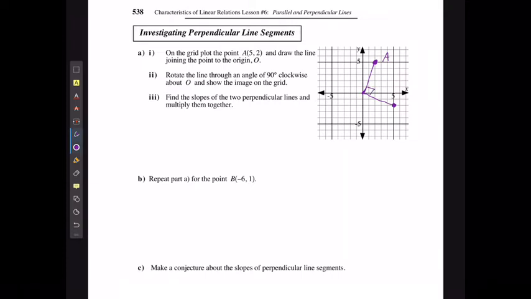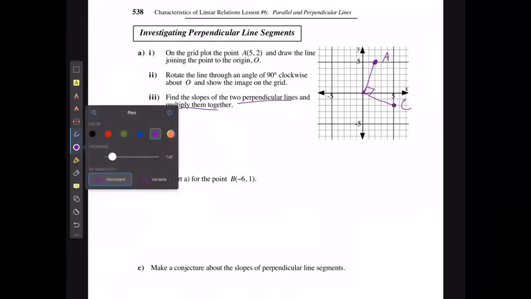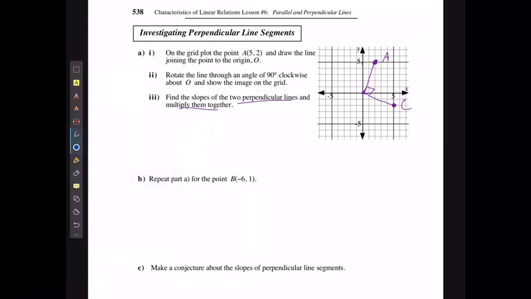If I'm finding the slopes of the 2 perpendicular lines, let's call this point C again like we did in the first case. If I find the slopes of the 2 perpendicular lines and then multiply them together, well, if I take a look for the first one, then I've gone up 5 and right 2. So the slope of the origin to A is going to be 5 over 2.